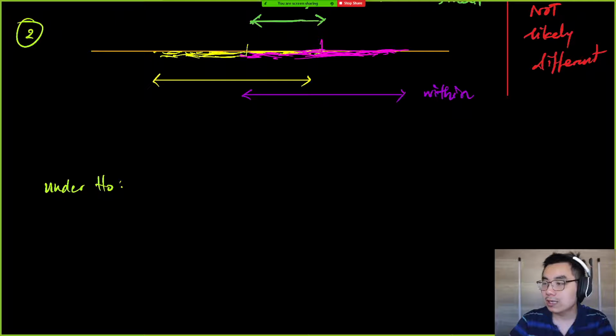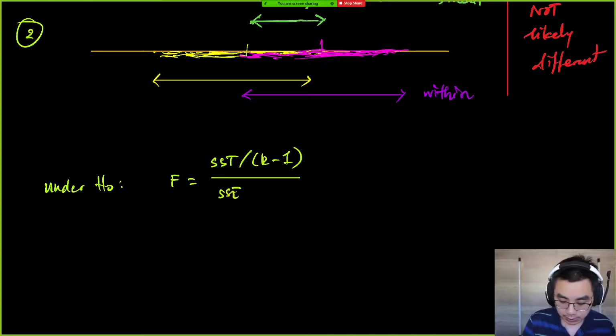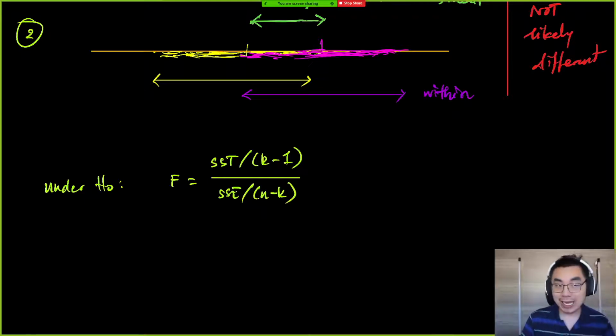F is equal to SST divided by K minus 1, over SSE divided by N minus K, where K is the number of populations and N is the sample size.